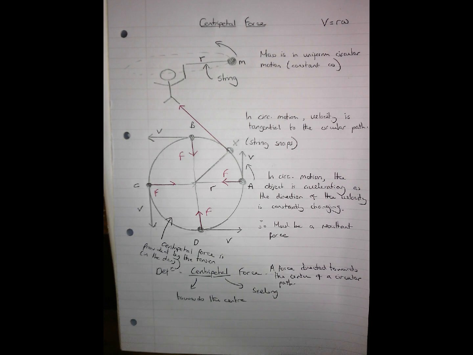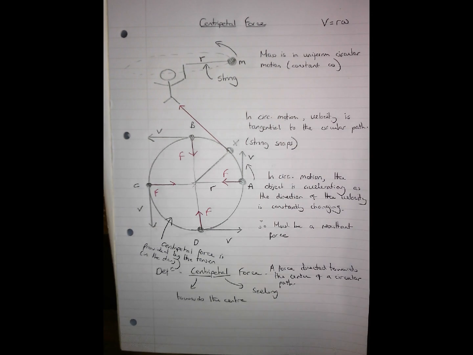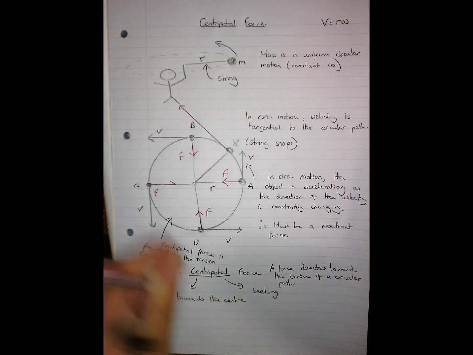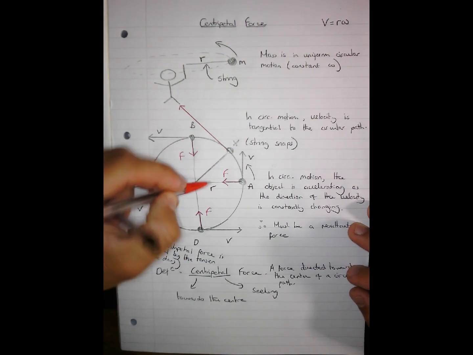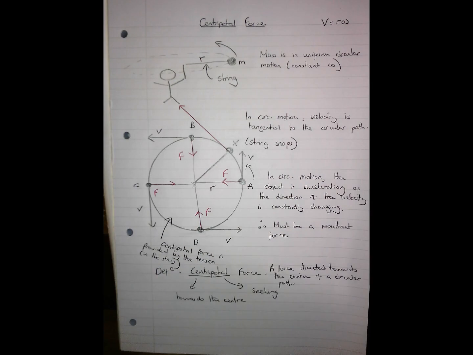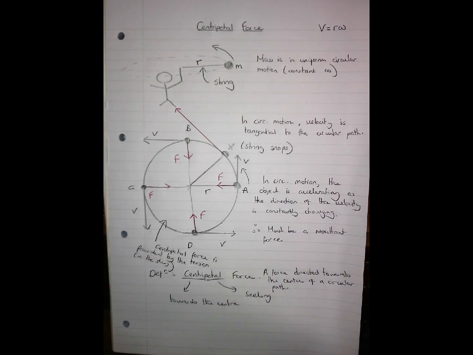And what that means is the object will continue in a straight line in accordance with Newton's first law. So that's important. And that's the reason why this particle, if the string broke, would just move off on a tangent.